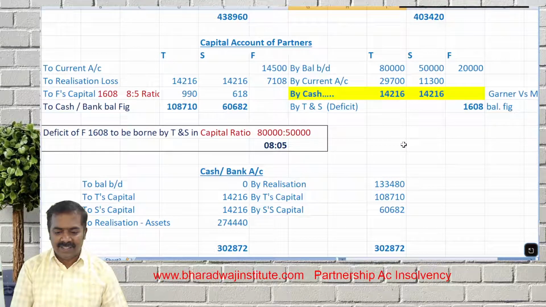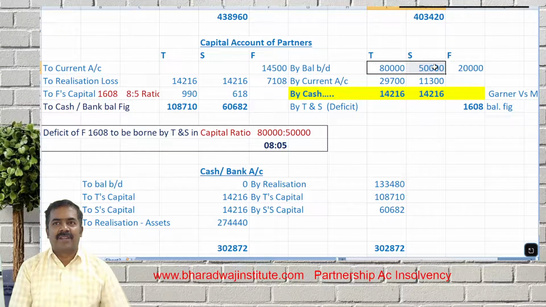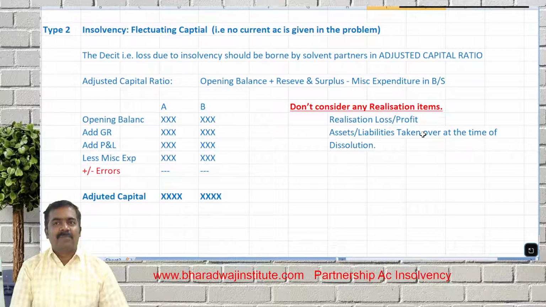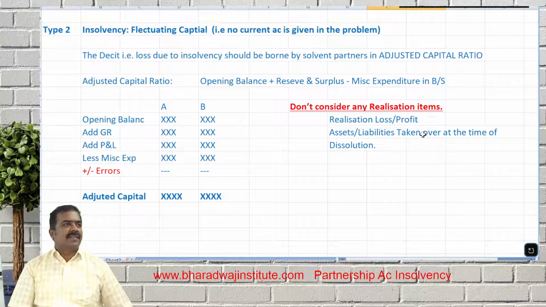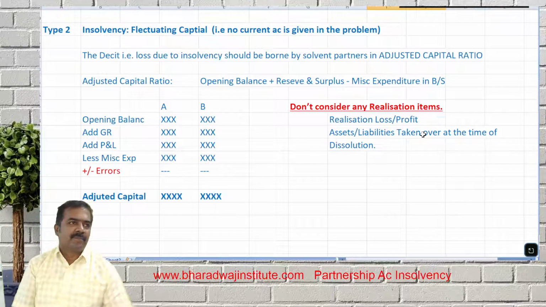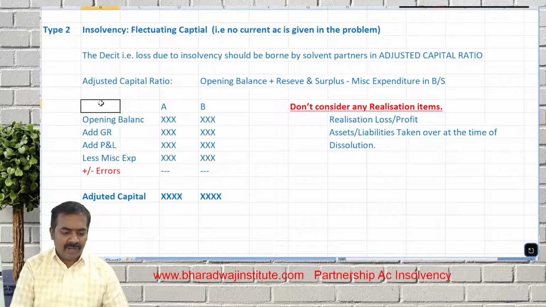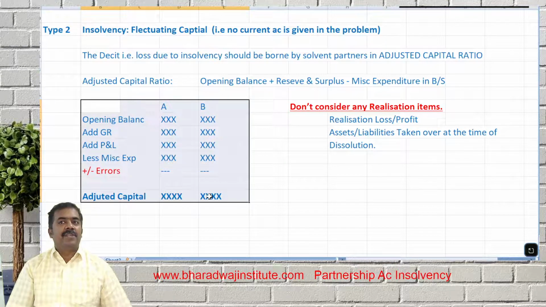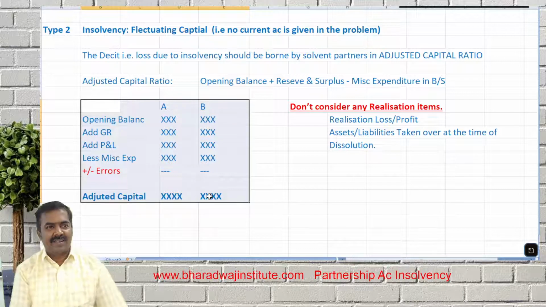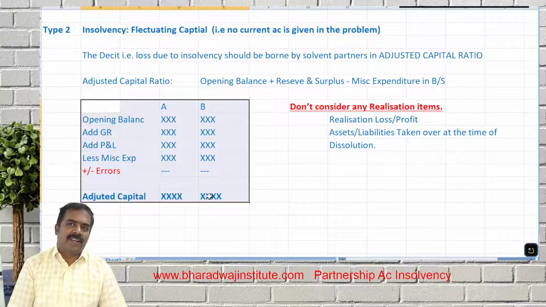Last class we saw the loss of 1608 shared in the fixed capital ratio. Simple. Is it difficult? No. Now in the exam, the most probable area is loss with fluctuating capital. Here is where many students go wrong in calculating the fluctuating capital. Insolvency loss with fluctuating capital is most frequently tested in the exam.